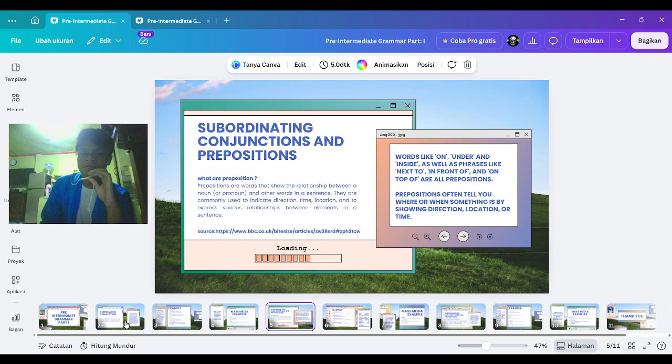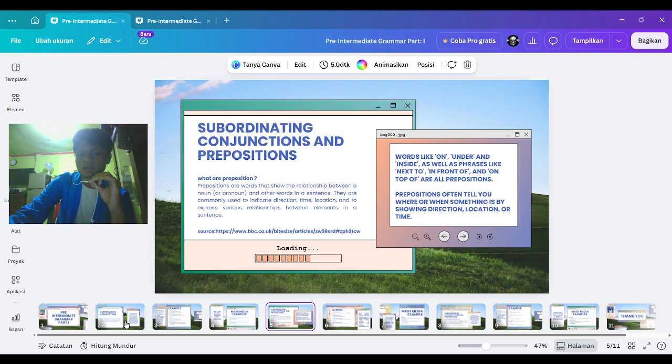Moving on, subordinating conjunction and preposition. So preposition. What are prepositions? Prepositions are words that show the relationship between a noun or pronoun and other words in a sentence.